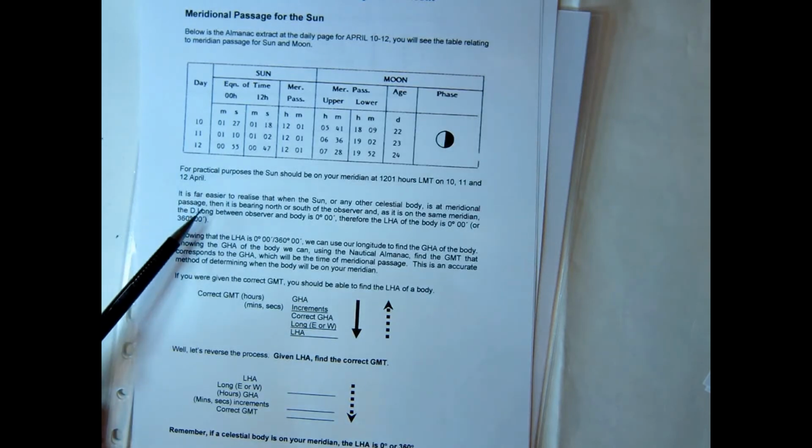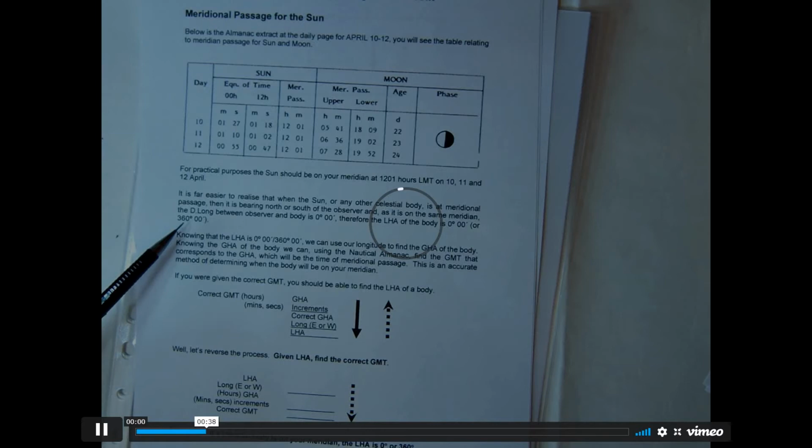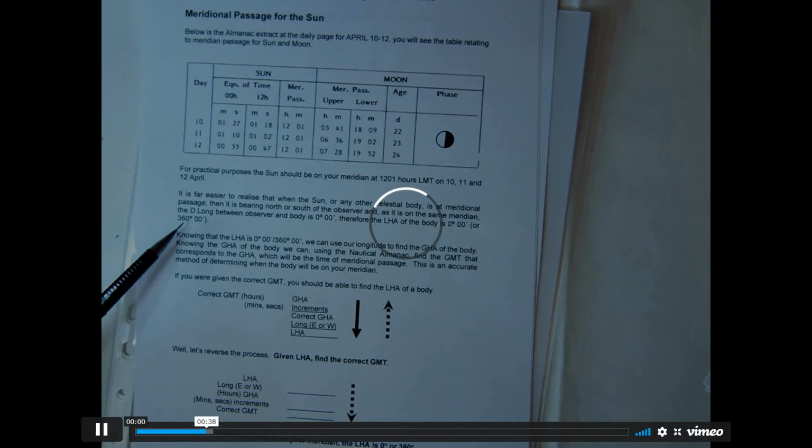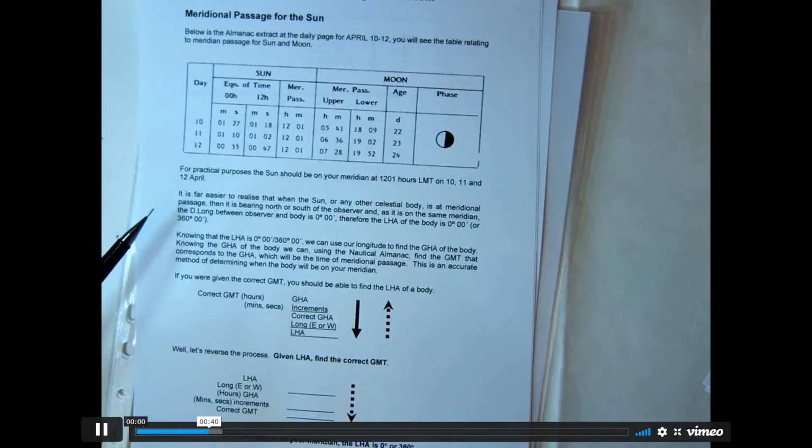It's far easier to realise that when the Sun, or any other celestial body, is at the meridional passage, then it's got to be bearing north or south of the observer, and it's on the same meridian. The D long between the observer and the body is 0, because it's right bang where we are.